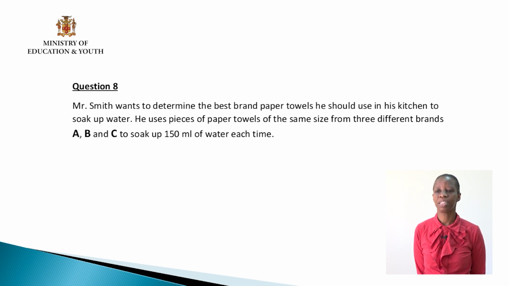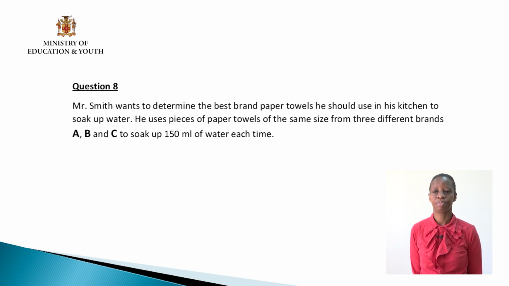He uses pieces of paper towels of the same size from 3 different brands, and we're calling them A, B, and C. So brand A, brand B, and brand C. And he's using 150 mils of water each time. So what comes to mind when you think of that scenario?